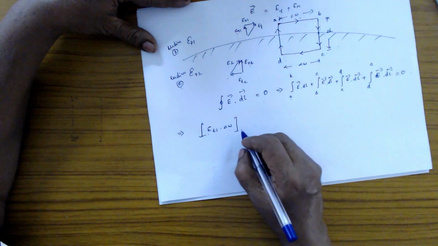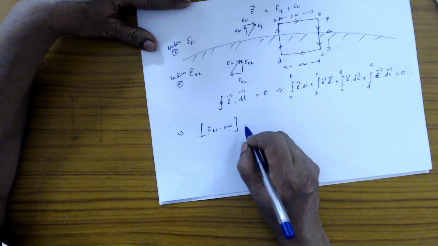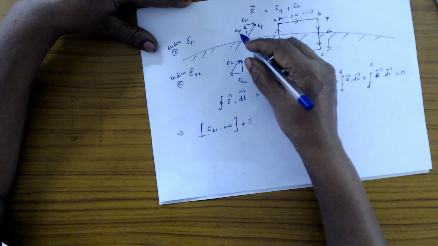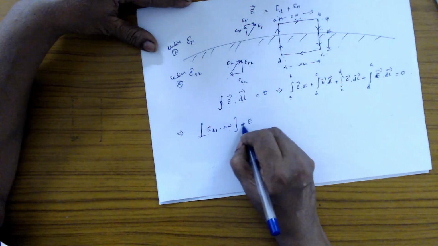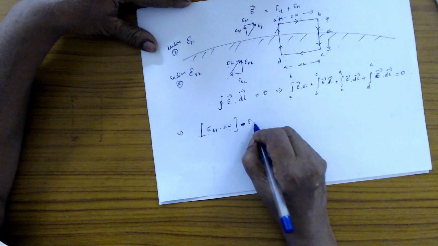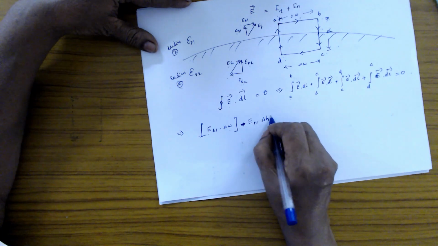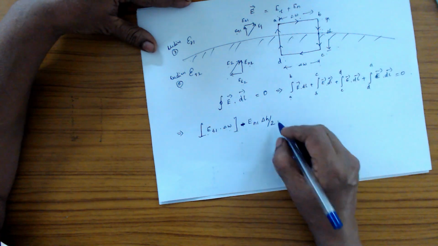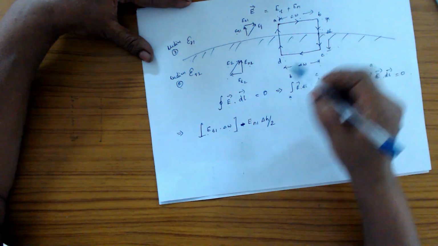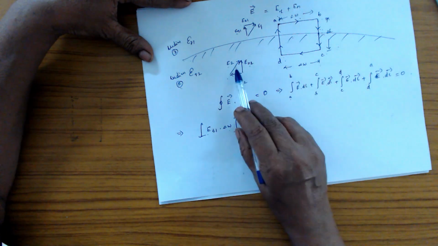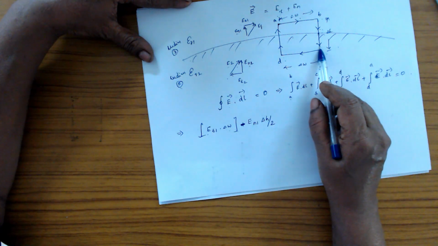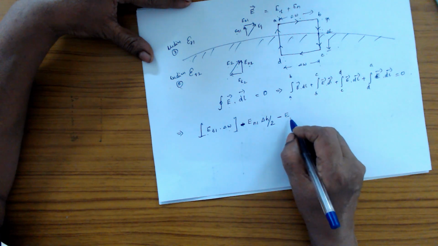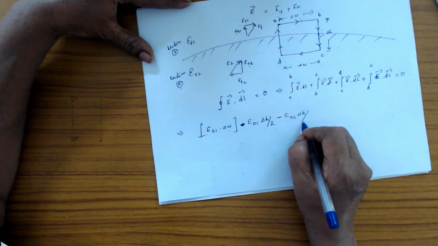So I put this as En1, and the direction is opposite, therefore I put it as minus En1 into delta H by 2, because it is half only. Again in the bottom portion, from this junction to C, these directions are opposite, so minus En2 into delta H by 2.